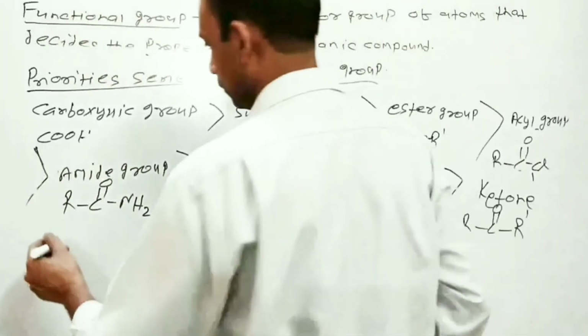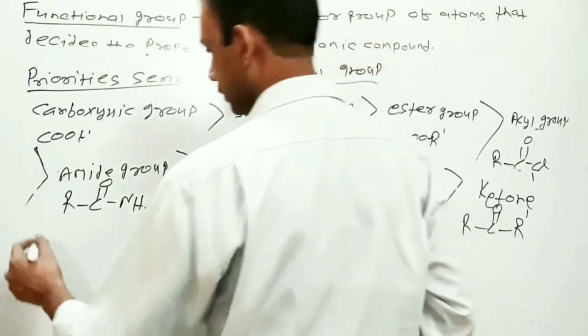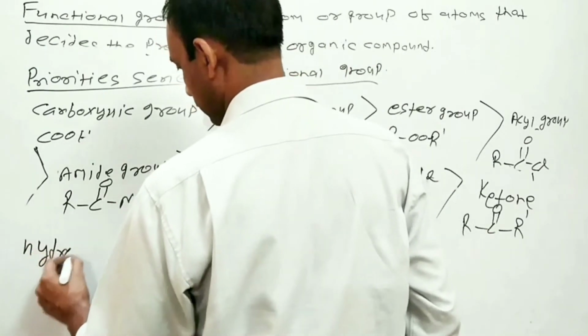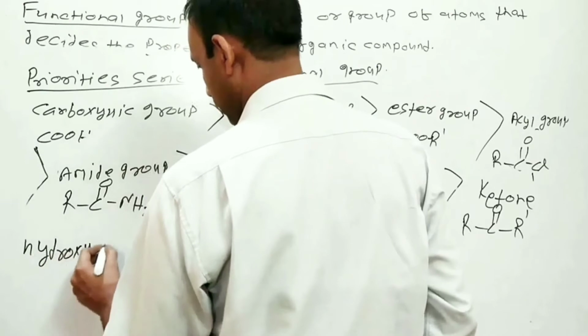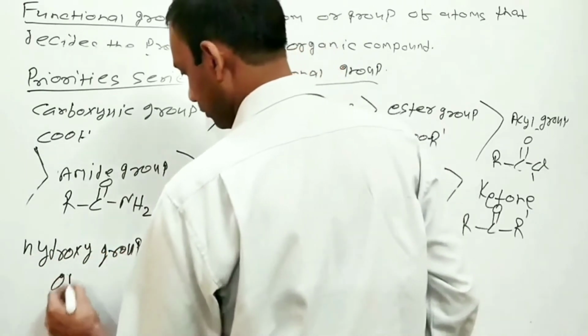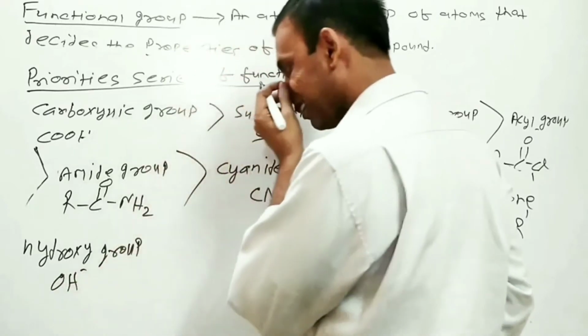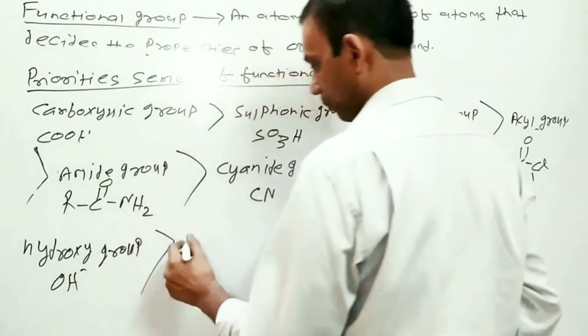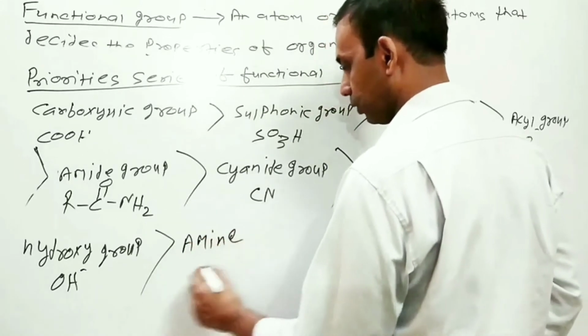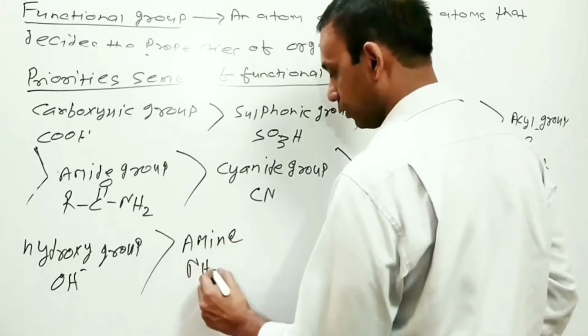Then you have a hydroxy group, OH. What is the formula for hydroxy? OH negative, right? And then you have amine group. Amine, A-M-I-N-E. The formula is NH2.